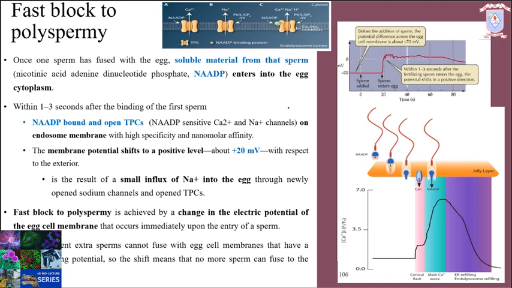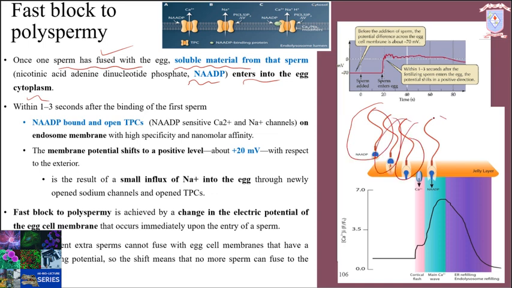So the fast block to polyspermy occurs once one sperm has fused with the egg. That is a peculiar feature of monospermic species. Once the sperm has fused with the egg, a soluble material from the sperm enters into the egg cytoplasm. Here you can see the entry of the sperm in different stages.